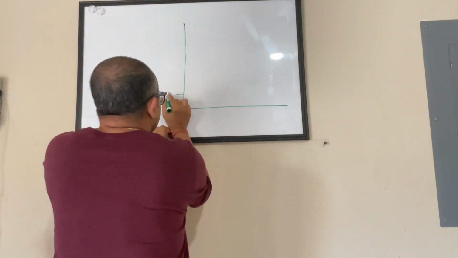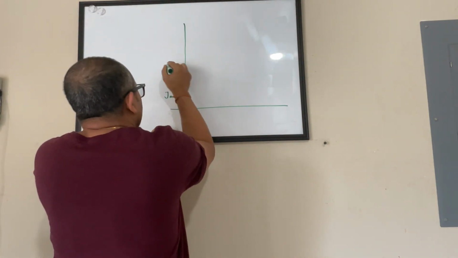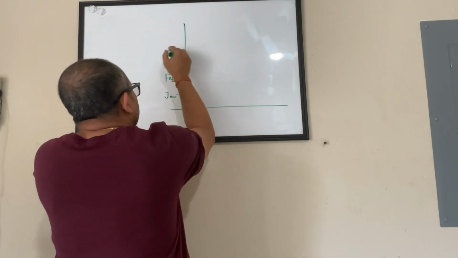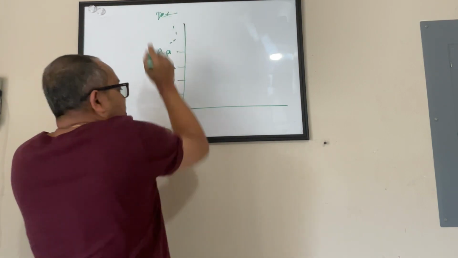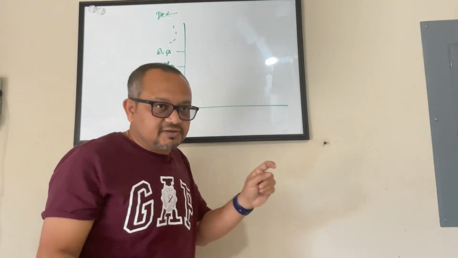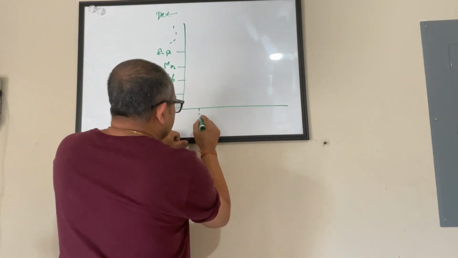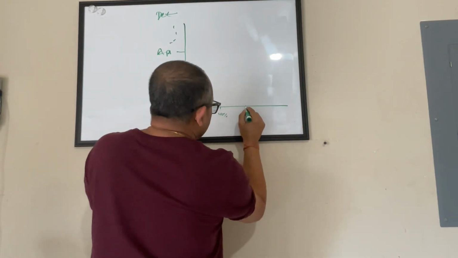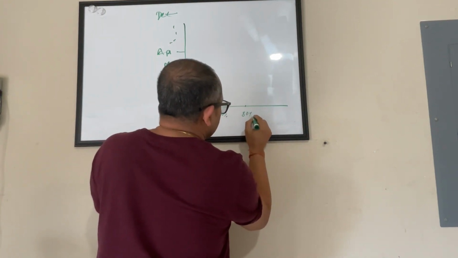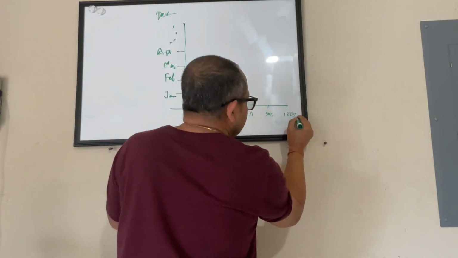Let's say they did January, February, March, April, December. They did a test of one paper maths. And this is 30%, this is 40%, 80%, 90%, 100%. So this is the marks scored by any child.